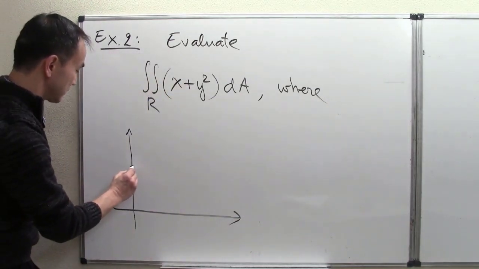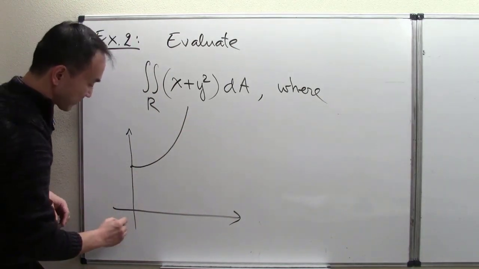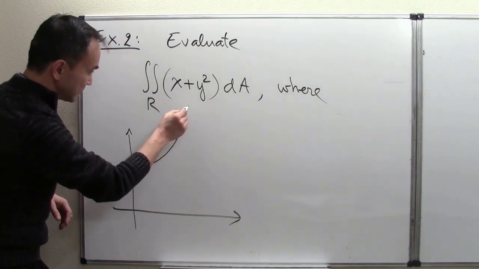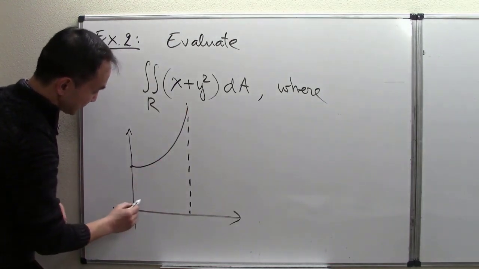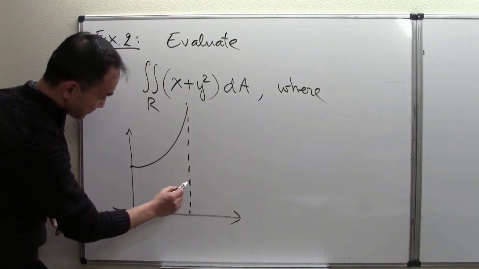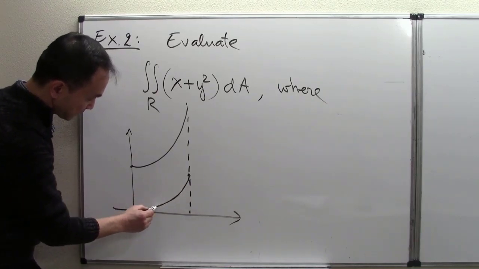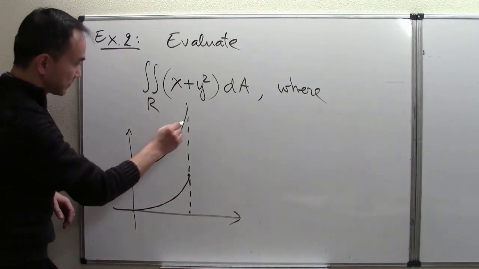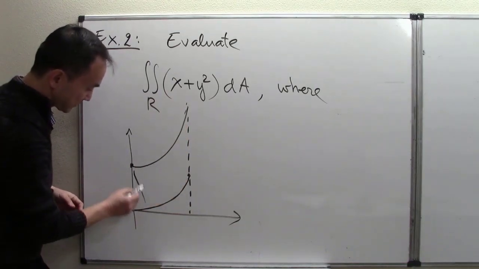One curve is a parabolic shape again, and there's this other curve here. All right, so here we go. That's the general region.